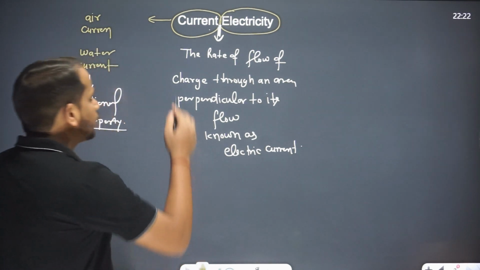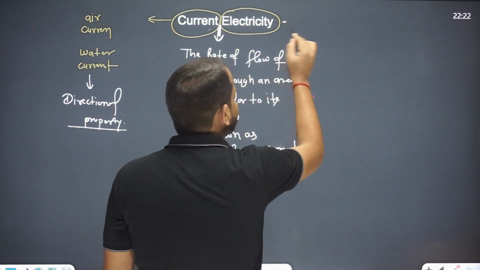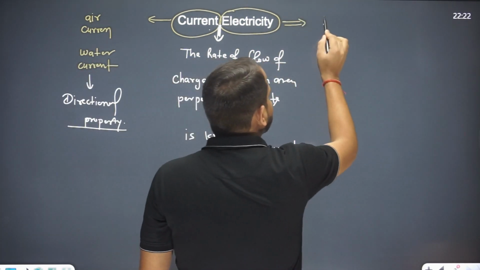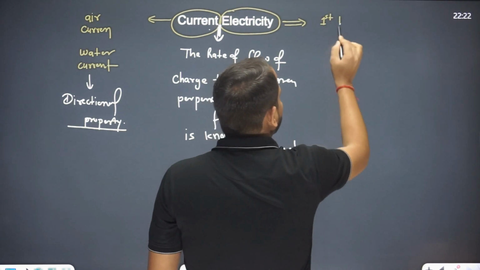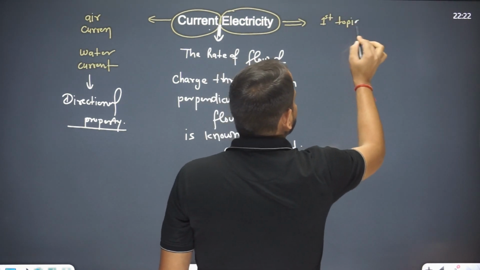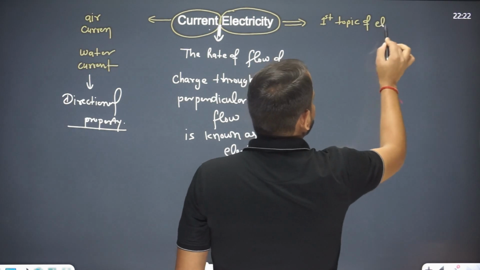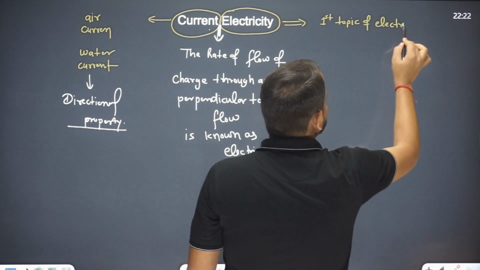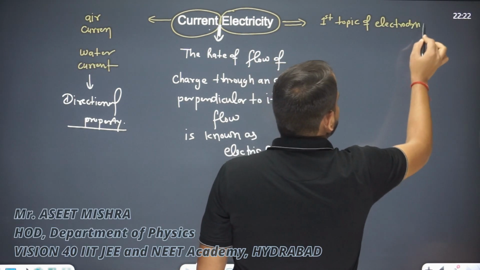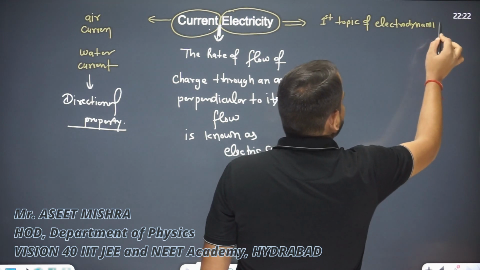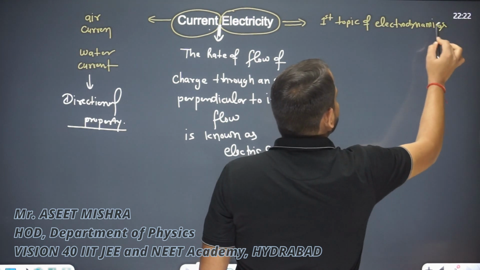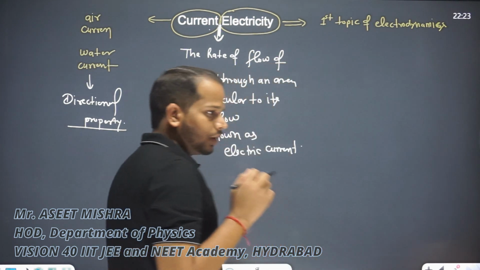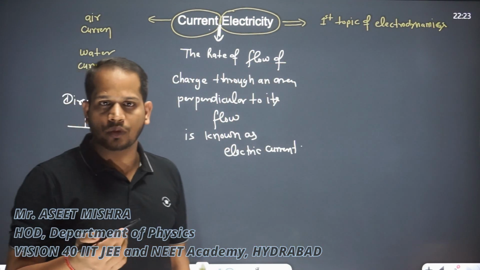So let's see here. Current electricity is, in general, we are taking as the first topic of electrodynamics, right? It's a flow of charge. Charge can flow anywhere.